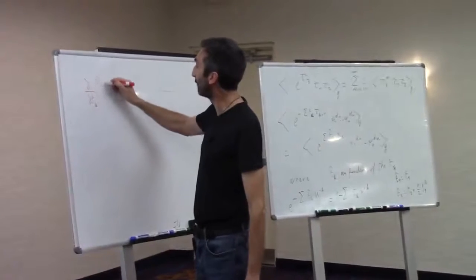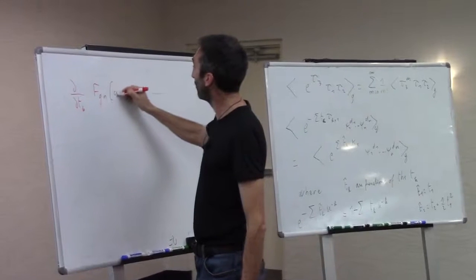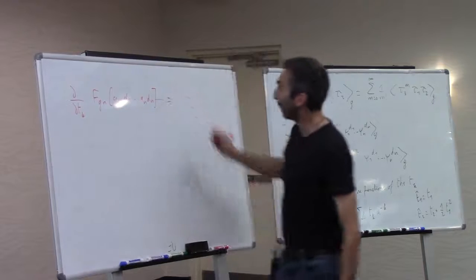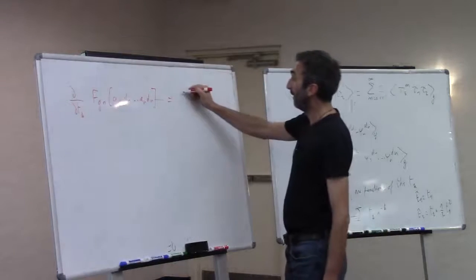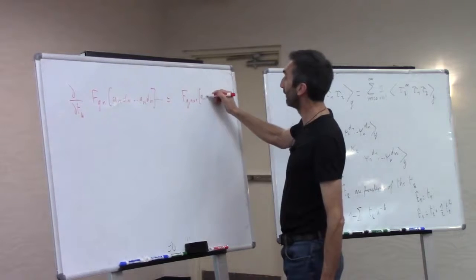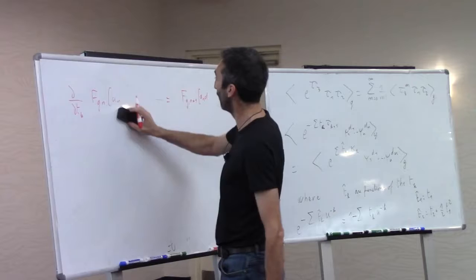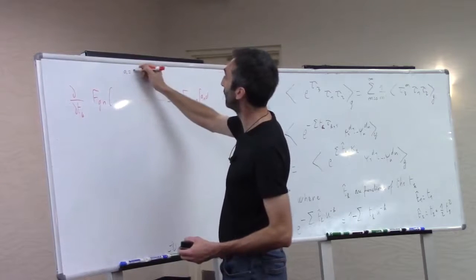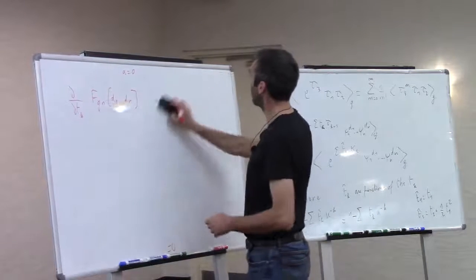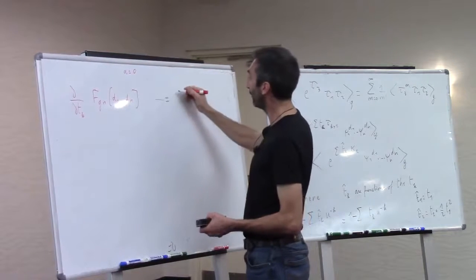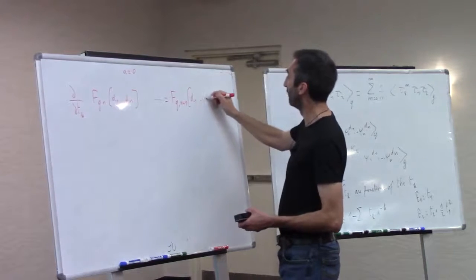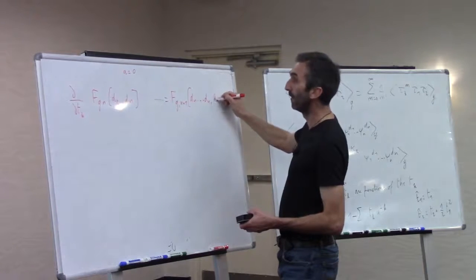D over dtk of these coefficients Fgn of d1, dn is equal to, for the case where there is only one branch point, Fg,n+1 of d1, dn and 2k+1. For the moment I have no a, just a equals 0.